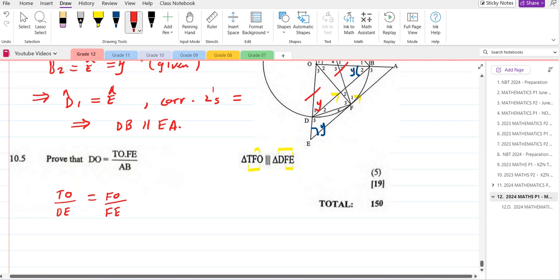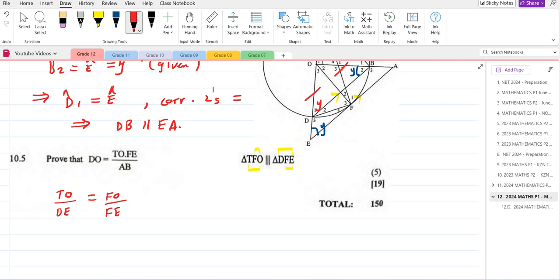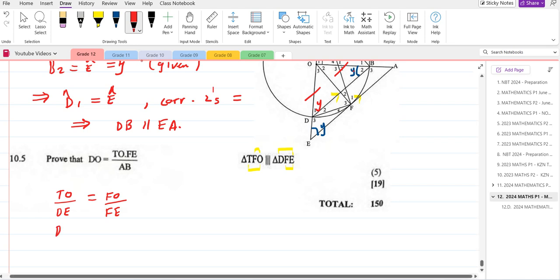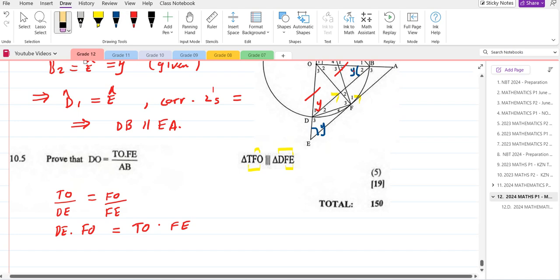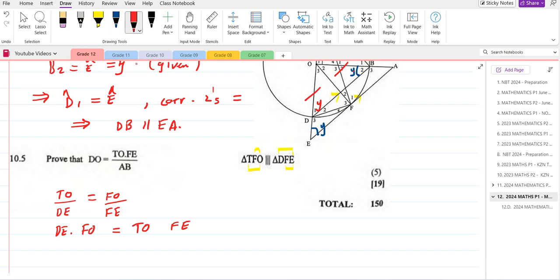Now if we cross multiply, we're going to get DE times FO equals TO times FE. Okay, we got TO times FE, so we already got that numerator part. Now we need to look at DE and FO. We need to simplify DE and FO.